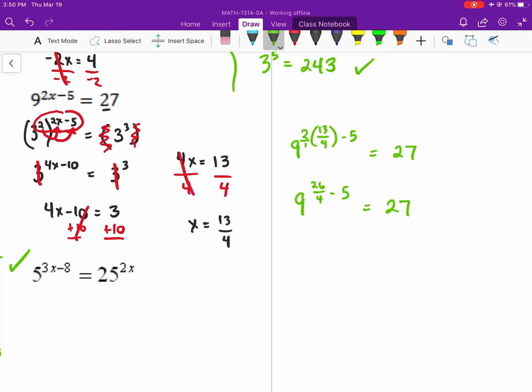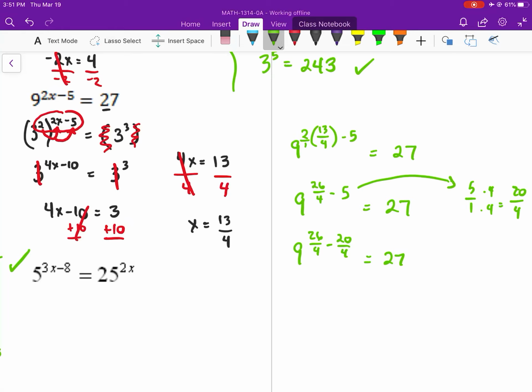I know how much y'all love fractions. We're going to have to convert that 5. Right now it's 5 over 1, and it needs to have a denominator of 4. So we have 20 over 4. So 9 to the power of 26 over 4 minus 20 over 4 equals 27.